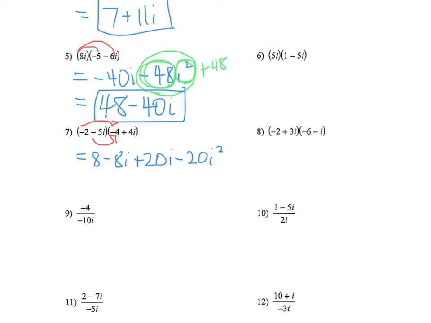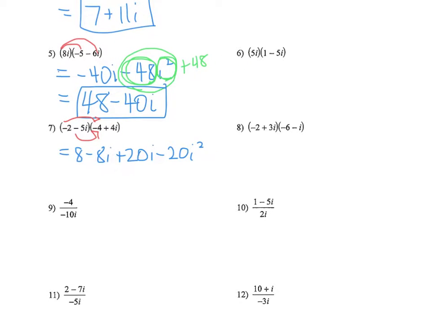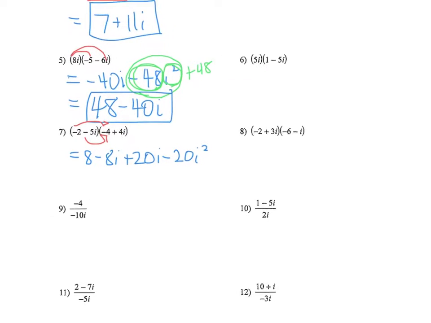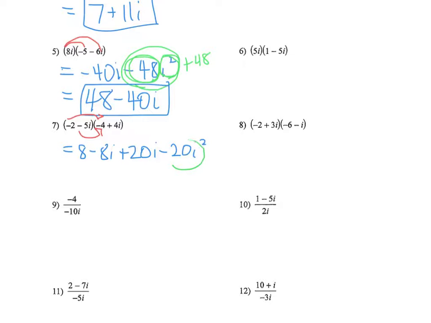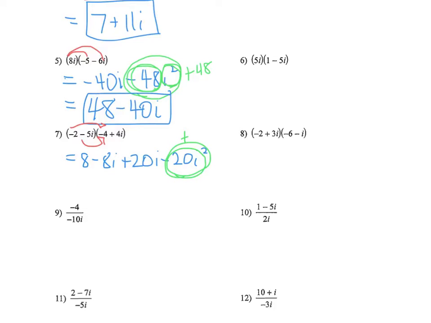So once again, I've got this i squared that I need to simplify. That's really positive 20. To collect like terms for my final answer, my 8 goes with my 20, and I get 28. My -8i goes with my 20i, and I get plus 12i. And that's my final answer. You do number 8, you're going to do it the same way.